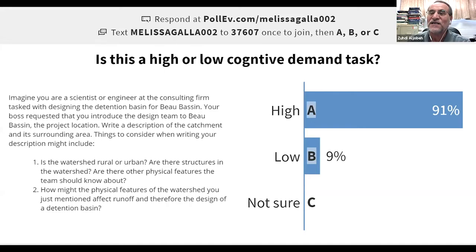Something has to do with selection. I don't think it's a high demand to select between rural and urban setting, or even to identify the different components like structures in there. But when it comes to number 2, there is some higher level of thinking involved in here.